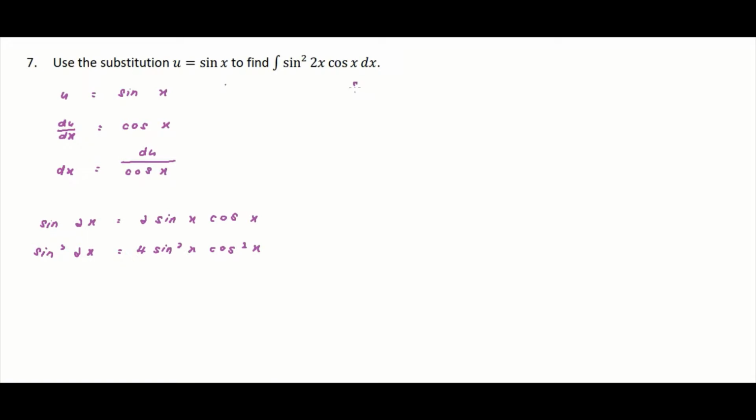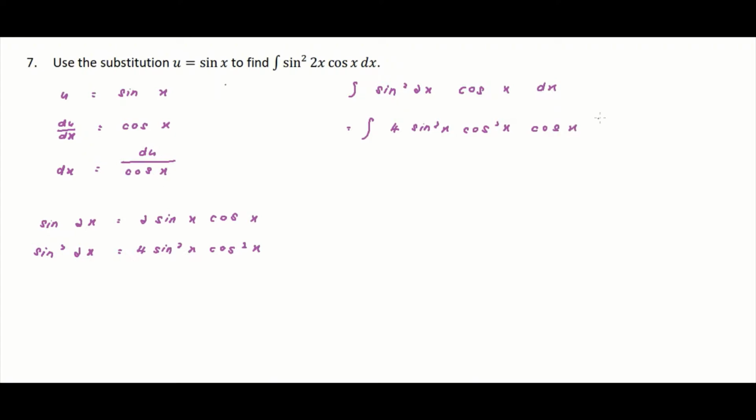So the integral for sine square 2x cos x dx. Okay, so let's try to continue this first. So sine square 2x equal to 4 sine square x cos square x, right? Then after that, you have another cos x. So what is your dx?